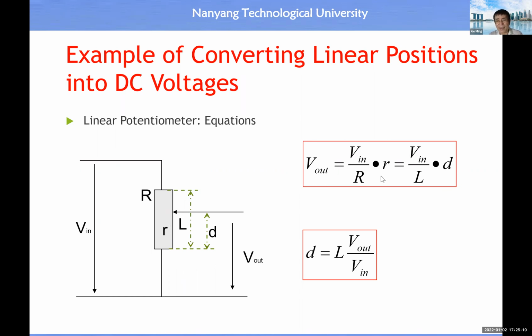This ratio is equal to the ratio between this distance and the total length of the resistor. This is the variable length of the resistor. So you have this relationship, and this is for linear motion.